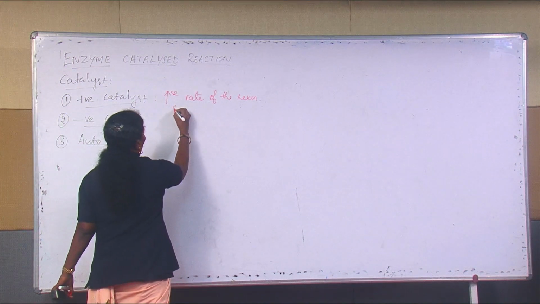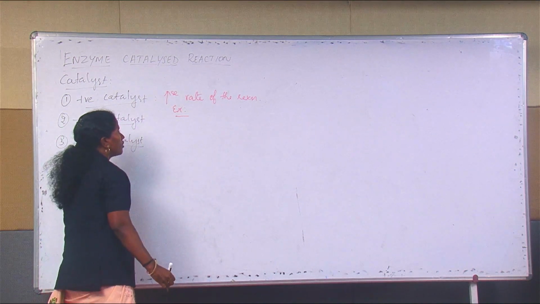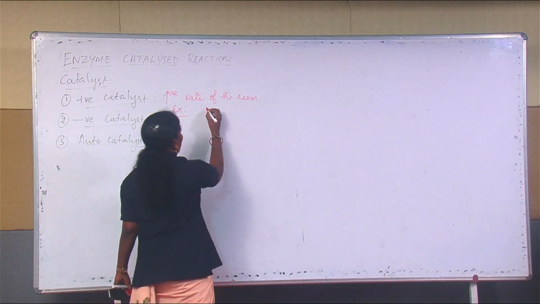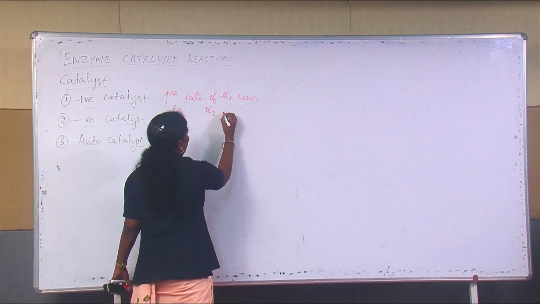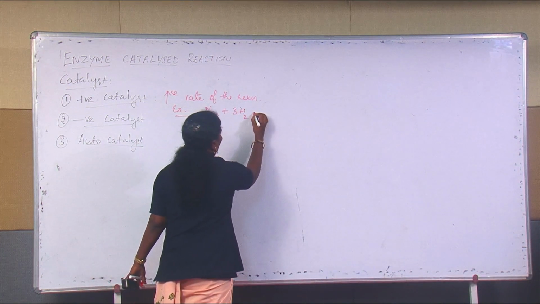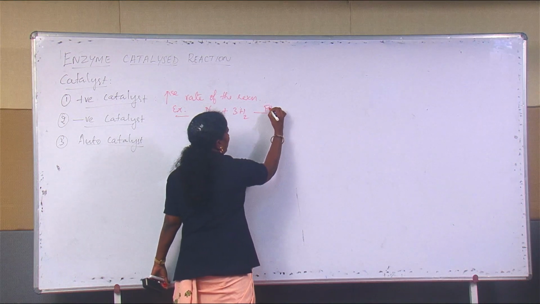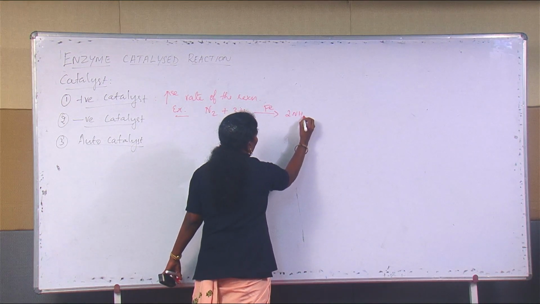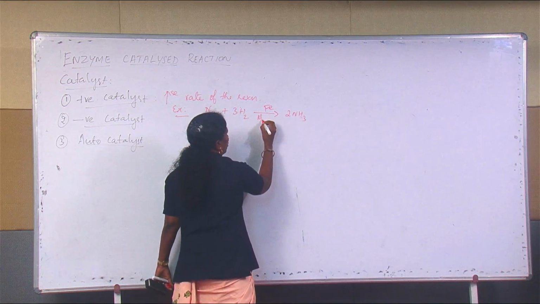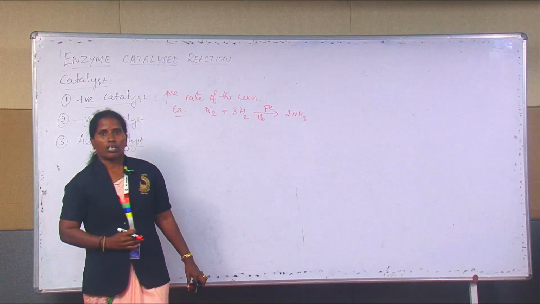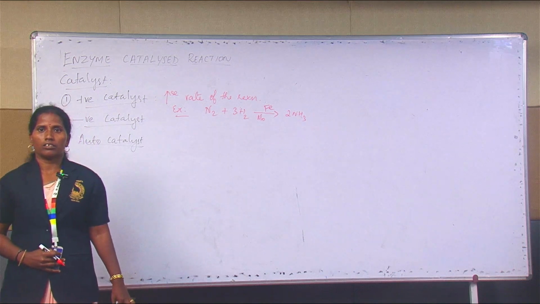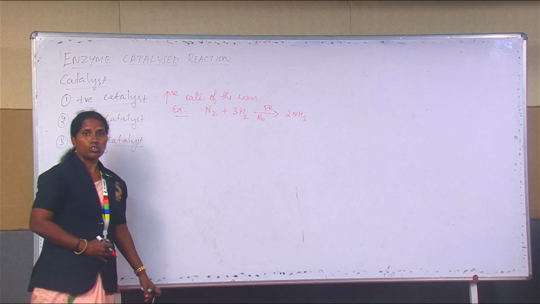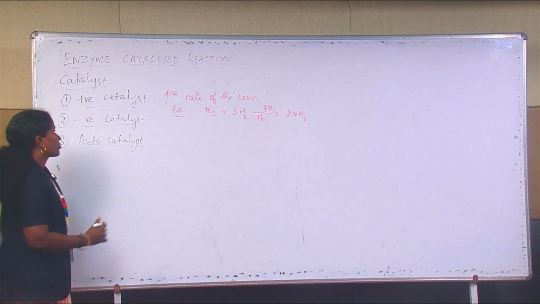Example for positive catalyst, for the synthesis of ammonia in Haber process, N2 plus 3H2 in presence of iron to form ammonia, 2NH3. Here molybdenum is also used as a catalyst. Here molybdenum acts as a positive catalyst. It is used to increase the rate of the reaction.